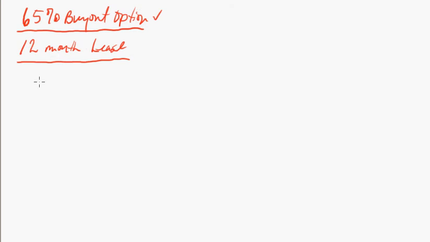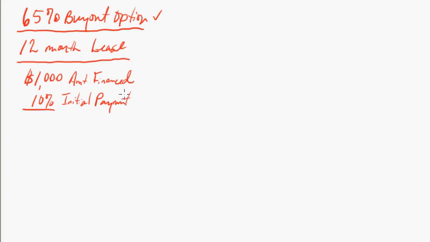So in this example, we're going to use a simple round number of $1,000 that the customer is financing. So $1,000 is the amount being financed. And then there is a 10% initial payment, which we explain in the approval form tutorial.